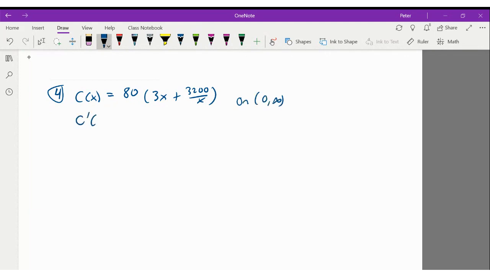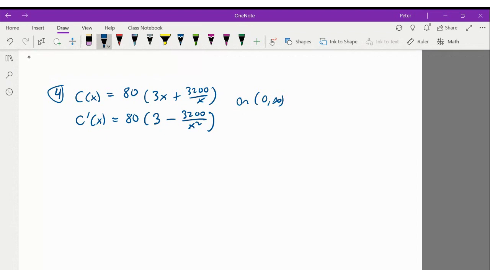C prime of x is going to equal 80 times 3 minus 3200 over x squared. So what I want to do is just look for critical numbers. I know that since 0 is not an issue, I'm not going to get any undefined points in this derivative.